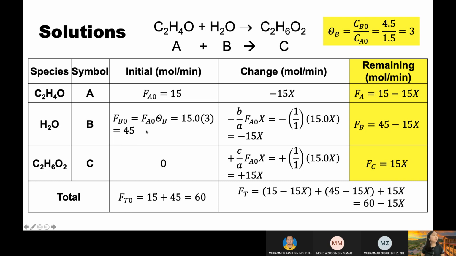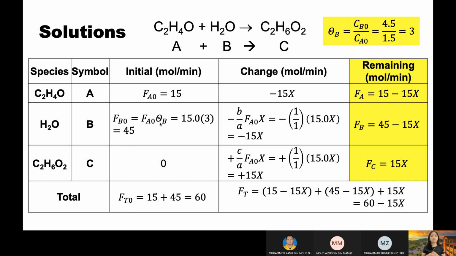Nak tahu berapa pula? Berapa initial molar flow rate of B? So the initial molar flow rate of B, formula dia, that's how we learn, is FA0 multiply with theta B. So FA0 15. What about theta B? How do we find? Theta B is initial amount of B over initial amount of A. Ataupun, erti kata lain, initial amount of water over initial amount of ethylene oxide.